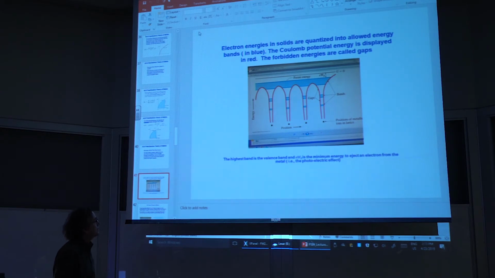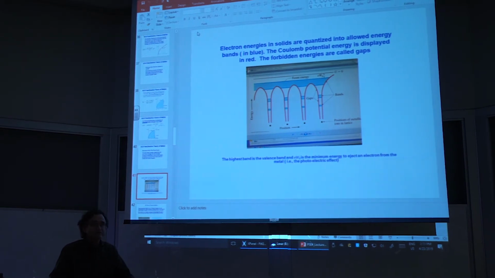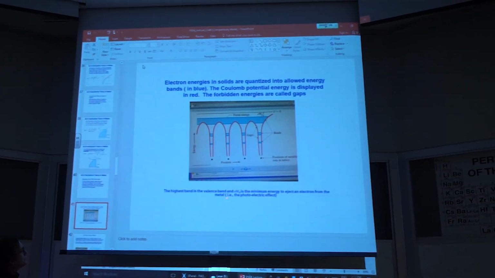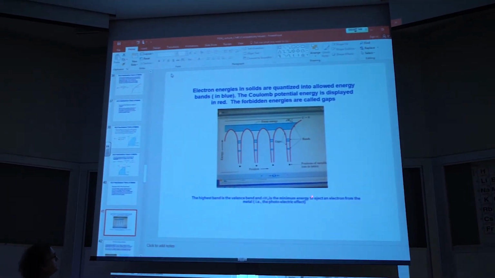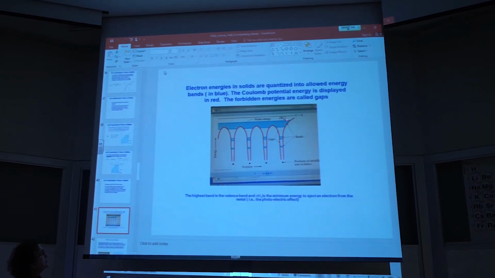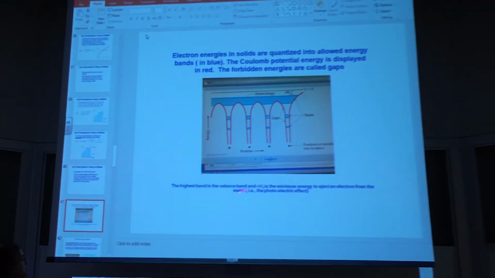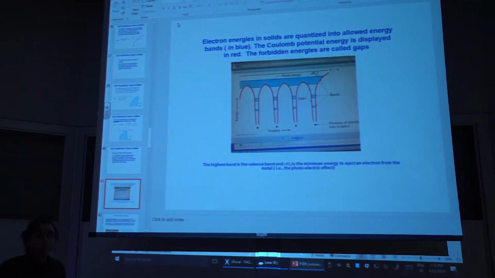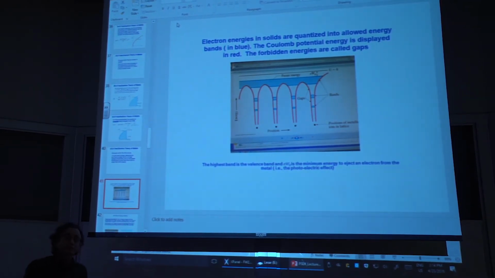There was a problem like this on your last exam, so you probably recognize this by now: there is a minimum energy required to eject an electron from the surface of the metal. That's the photoelectric effect, and that minimum energy is called the work function for that metal.